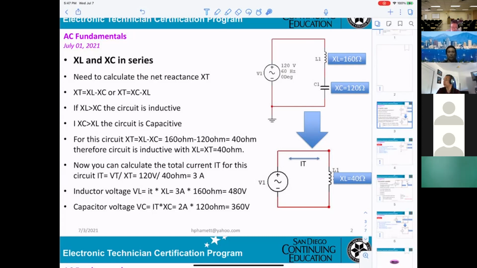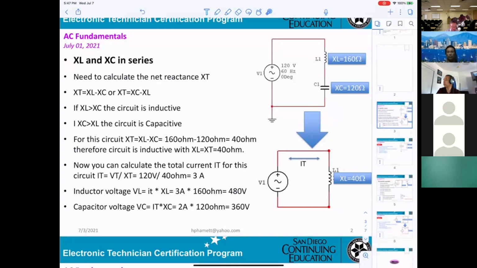So in this calculation, XL 160, XC 120, the difference will be 40. And XL is greater than XC by 40 ohm. That's why you get a new circuitry with an inductor, and the value for XL is not 160, it will be 40 ohm.